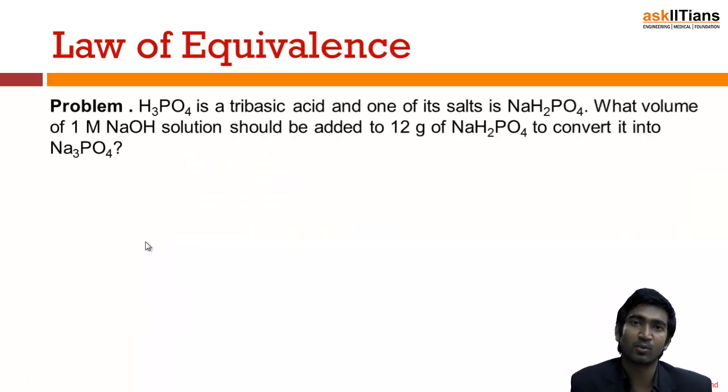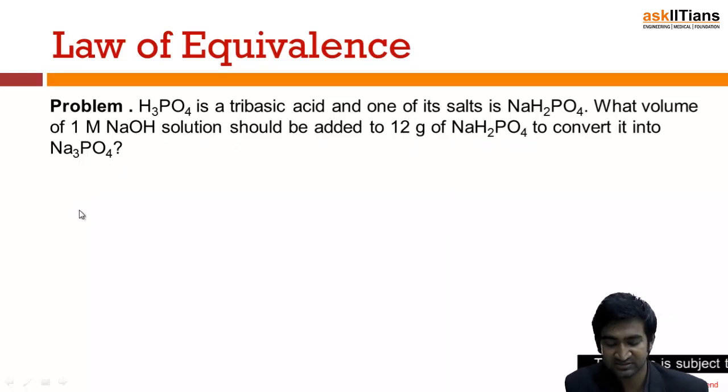This will become clearer with this question. H3PO4 is a tribasic acid, I told you n is equal to 3 here, and one of its salts is NaH2PO4. Now what volume of 1 molar NaOH solution should be added to 12 gram of NaH2PO4 to convert it into Na3PO4?